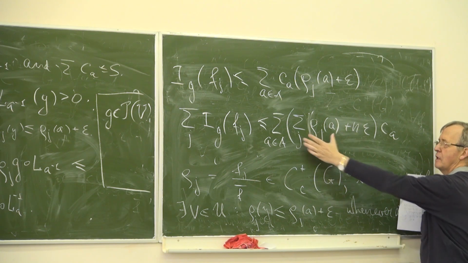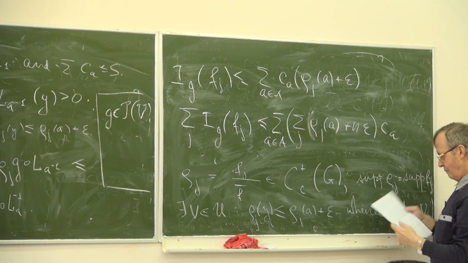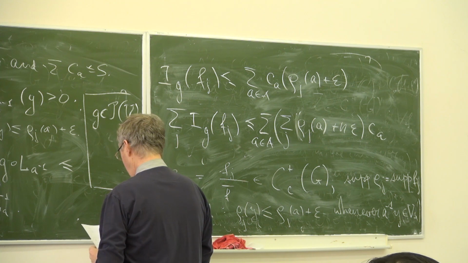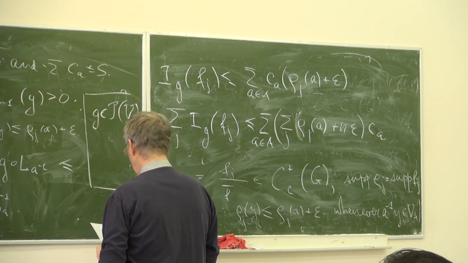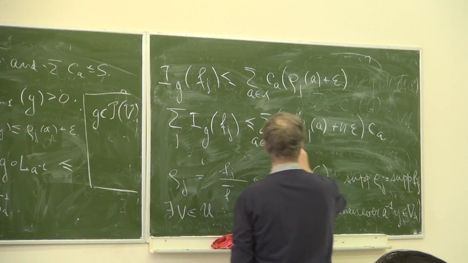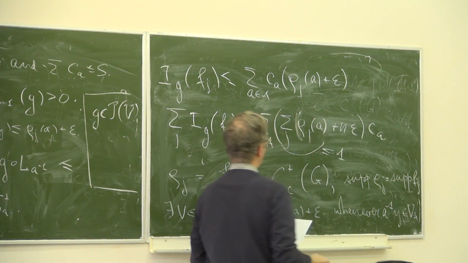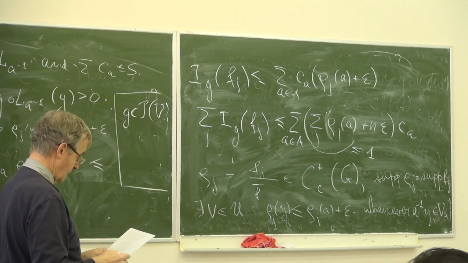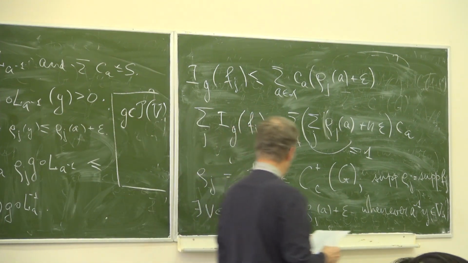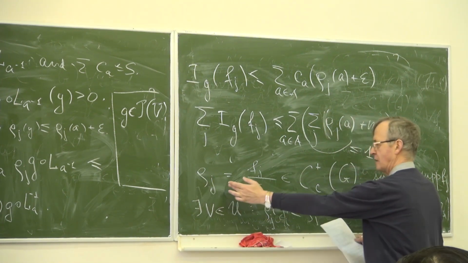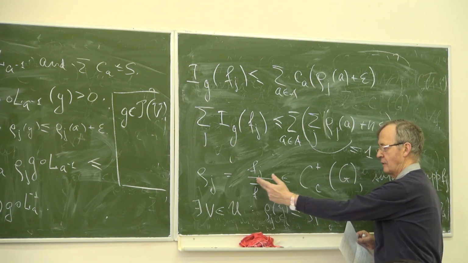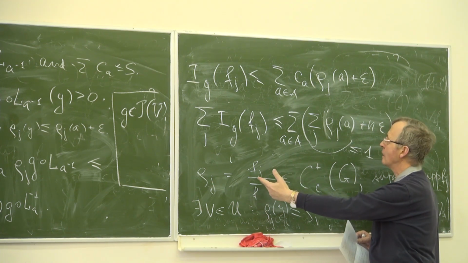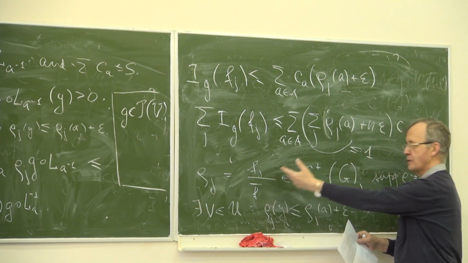This is an epsilon, and here we have this sum, and this sum is less than or equal to 1. Why is this less than or equal to 1? Yes, because at every point, let's recall what rho j is. Rho j is this quotient, and f bar is greater than the sum of fj. So the sum of rho j is less than or equal to 1.